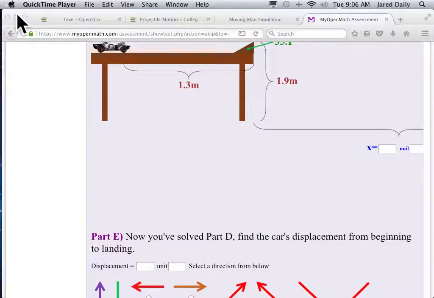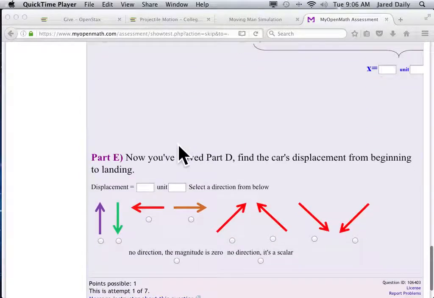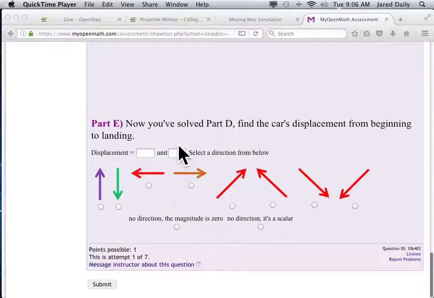And then part E is about directions of displacement. Remember, displacement is like the as-the-bird-flies distance, right? What about instantaneous? Instantaneous what? You're not on that question.